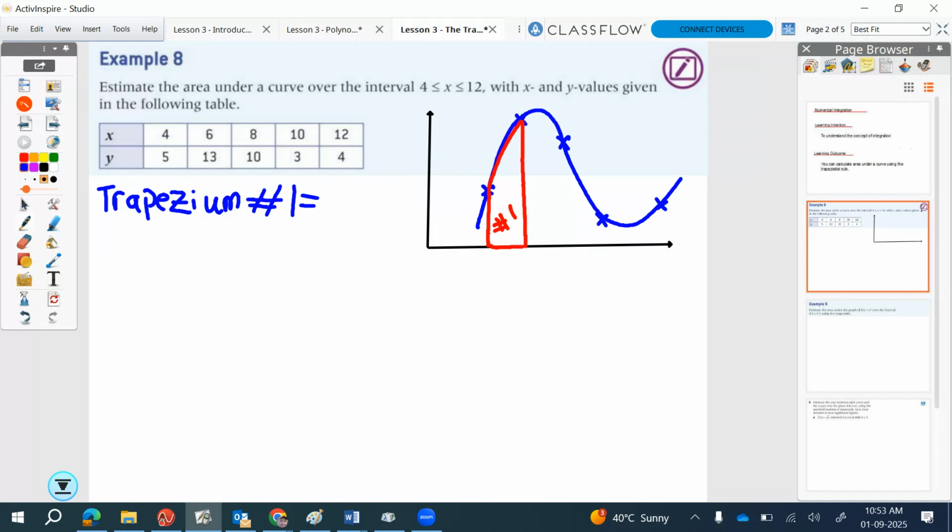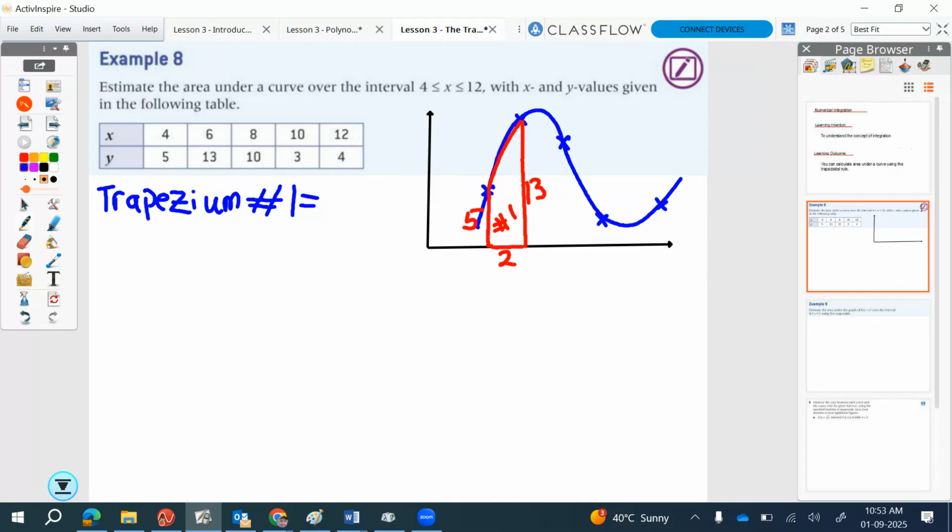Let's get the heights. What is the height of the line here? 5. What is the height of the line here? 13. What is the perpendicular distance between these two parallel lines? 2. This is the information that we need.